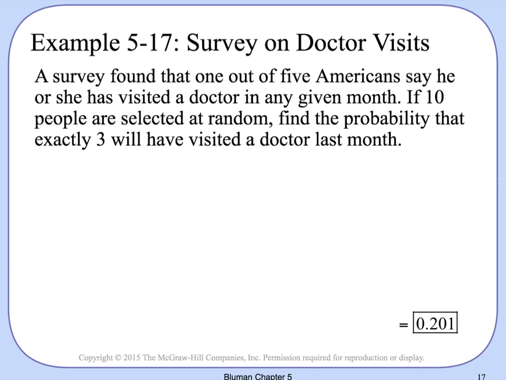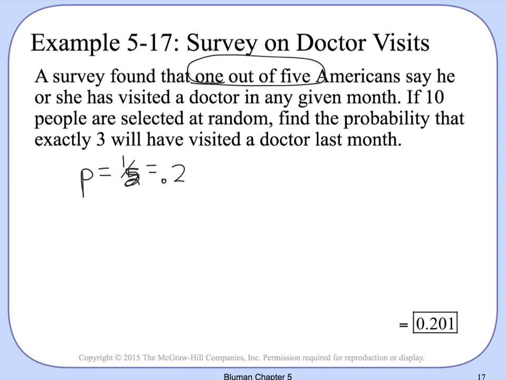What's the chance you're going to visit a doctor? What does it say in here? 1 out of 5. So that's our probability of success. That's our little p. P is 1 out of 5, or 20%, or 0.20. I don't care which one you do. 1 out of 5 is the same as 0.2. That's our probability of success.